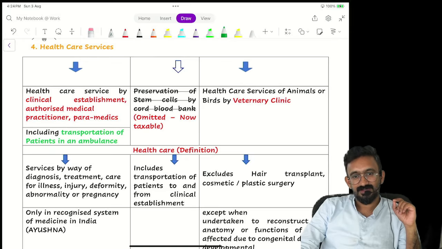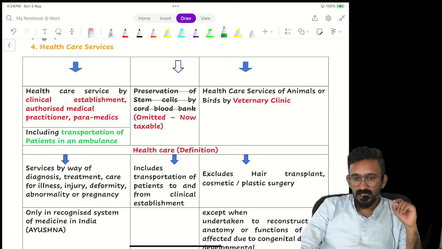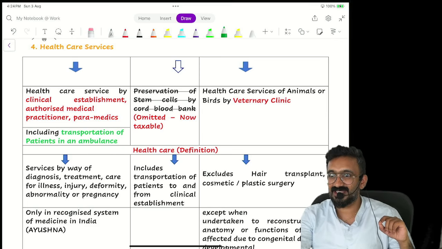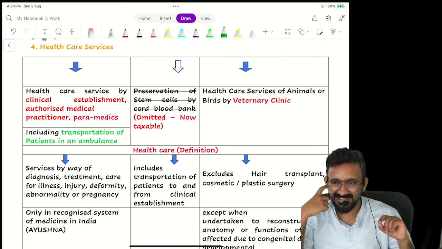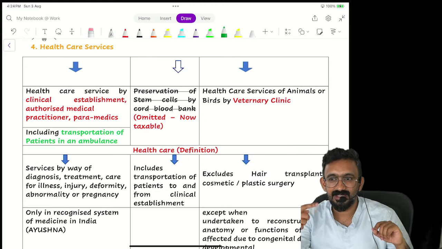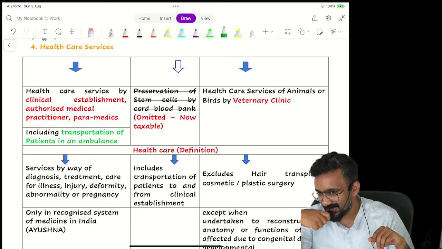Derma clinics. There are two types of dermatology now: clinical dermatology and cosmetic dermatology. More popular is cosmetic dermatology. The clinical one is like, I'm having itching here, give me a medicine. That is healthcare. For the cosmetic one, I want this side a little different, my nose should be a little straight.